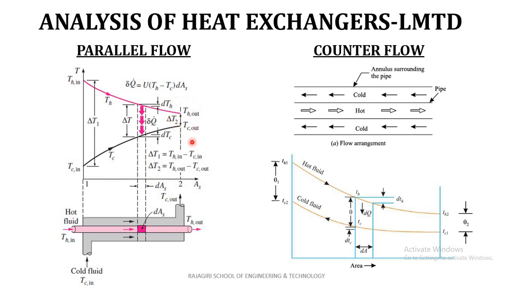And at the outlet, theta 2 in a counter flow heat exchanger is Th2 minus Tc1, but in a parallel flow heat exchanger, it is Th2 minus Tc2. So we are going to consider an elementary area on the exchanger, and we will apply the energy balance equation. Let's move on to the parallel flow heat exchanger first.